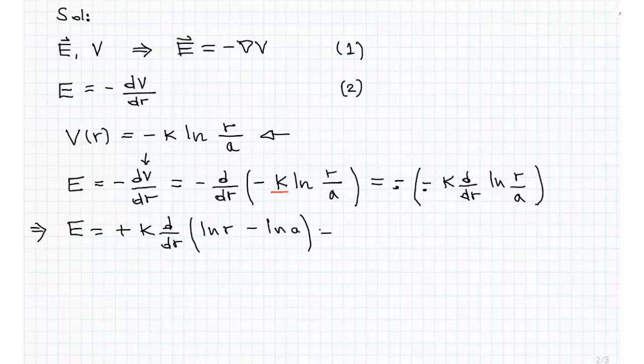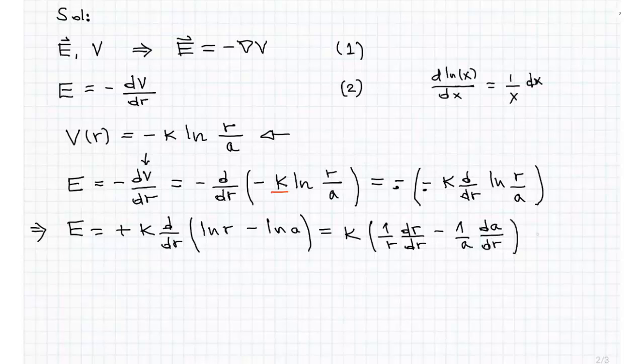So the derivative with respect to r of log of r is 1 divided by r, multiplying the derivative of the argument, which is dr. Minus the derivative of log of a: this is 0 because a doesn't depend on r.